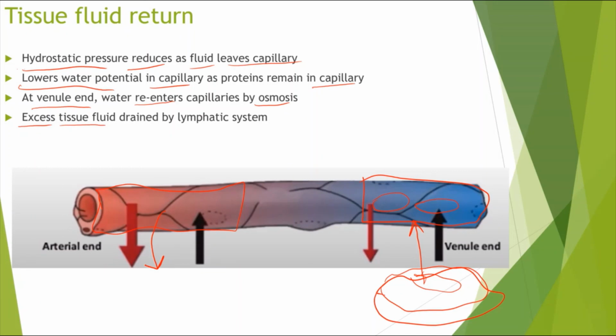And not all of the fluid or the water would be reabsorbed into the capillary. Some will be left over, and the final bit is the lymphatic system. So the lymph vessel would drain the excess tissue fluid, so that would be removed. So the carbon dioxide and other waste products would be removed, and this is the tissue fluid return.